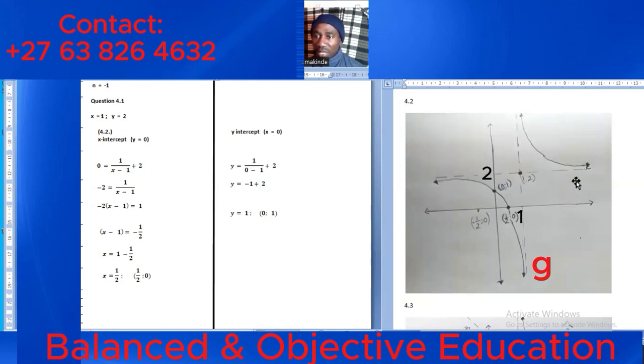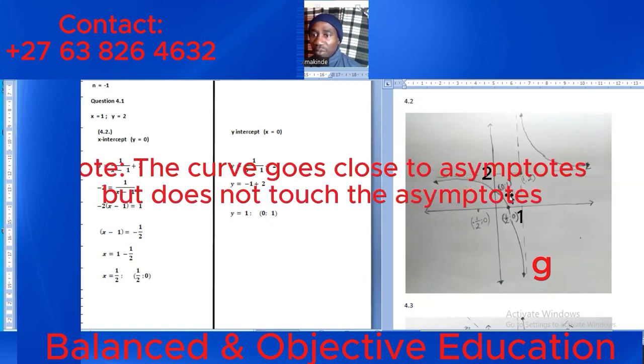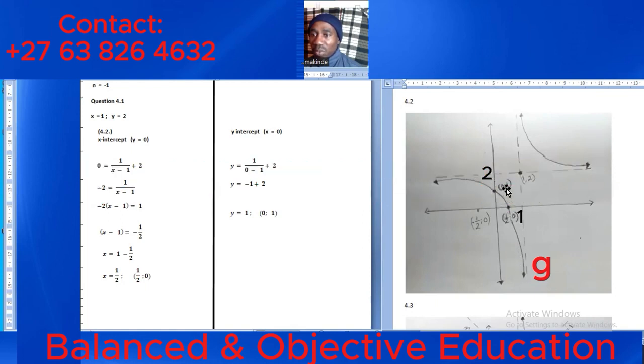So after drawing your asymptote, you can now answer question 4.2. For question 4.2, you have to link the y-intercept and the x-intercept. So the curve of G will pass through the two intercepts in this case. So it will go through the y-intercept and the x-intercept. So you have this curve.